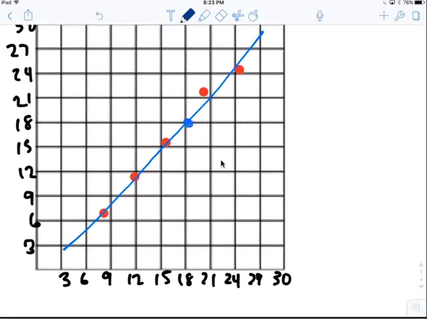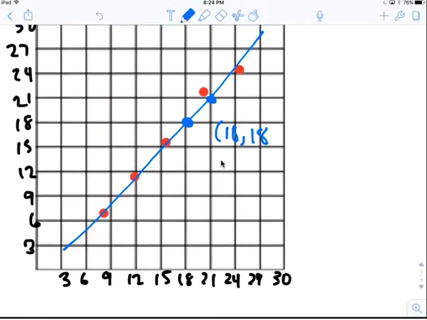I would choose this one here because it's right on there, and that is 18, 18. And then I would choose right here too. Look, that's 21, 21. Or if you choose differently, it's fine too.